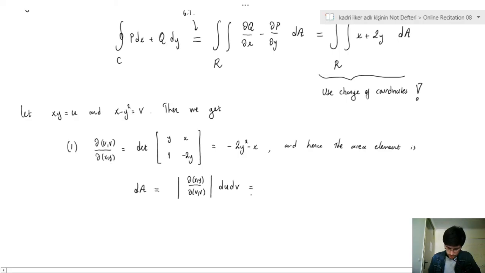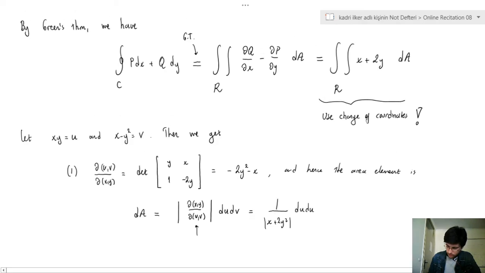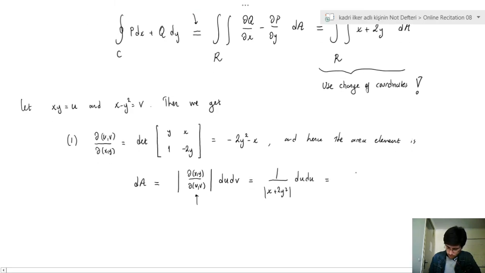And actually, this is just the inverse of this matrix. And the determinant of this is just 2y squared. Actually, we don't need the absolute value, because x, y are in the first quadrant, if you look carefully. Then we have this. Okay, fine.